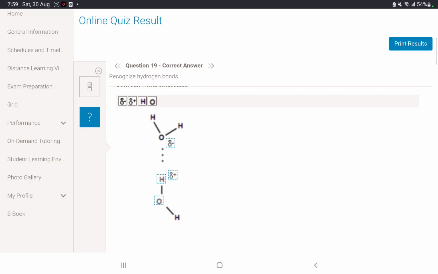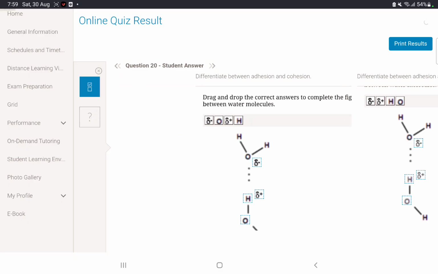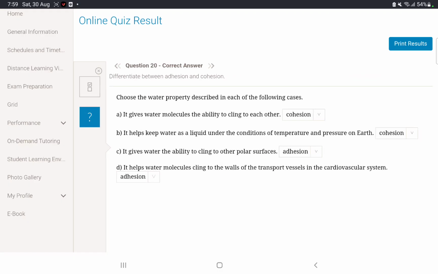So as you see here, the O is slightly negative, the H is slightly positive, and the O is in the middle of the two H's. Obviously the bond is between O and H. It gives water molecules the ability to cling to each other. So cling to each other is cohesion. It helps keep water as a liquid under the conditions of temperature and pressure on Earth. That is cohesion.